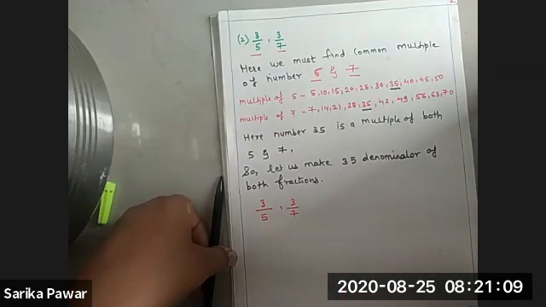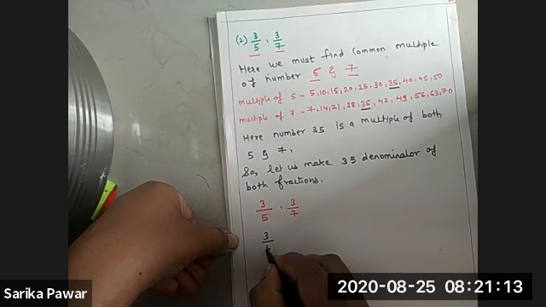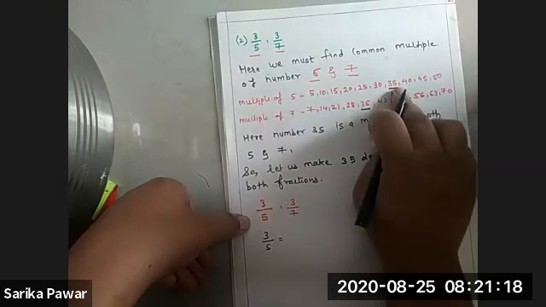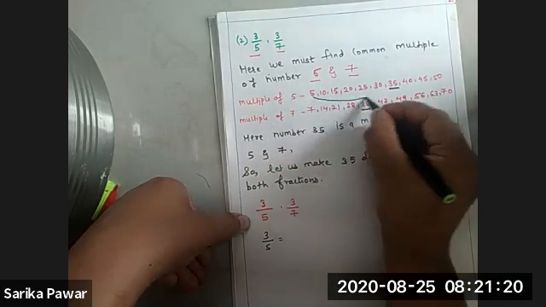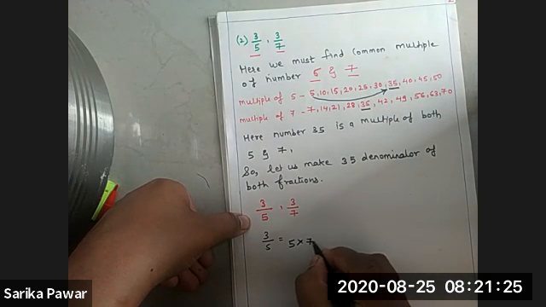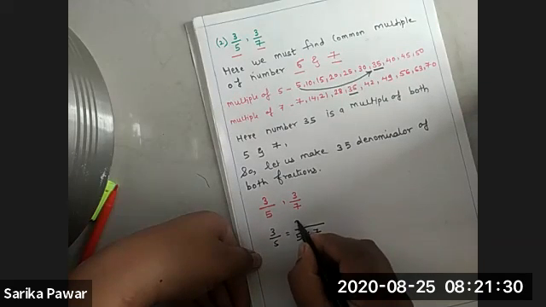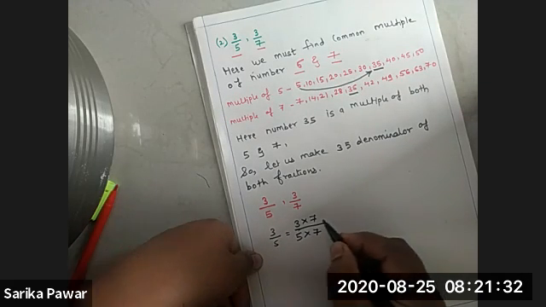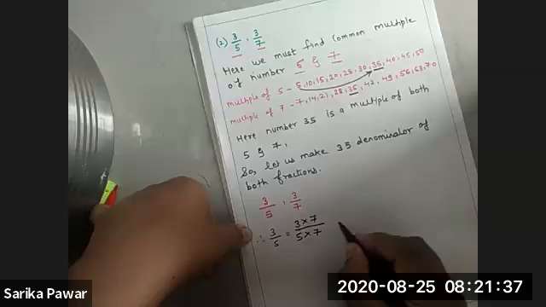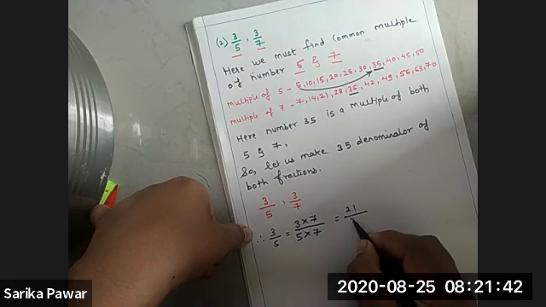We have to multiply it. The first fraction I took here, 3 upon 5 is equal to, see here, 5 7s are 35. So I will multiply here by 7. If you are multiplying here by 7 in denominator, same way we have to multiply in numerator, isn't it? So what will be the answer? 7 3s are 21 and 7 5s are 35.